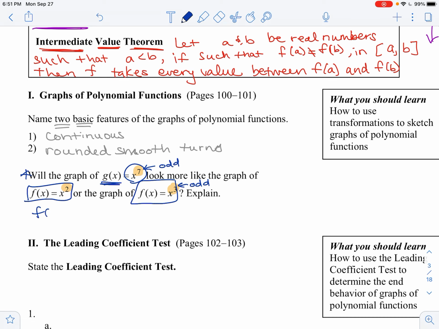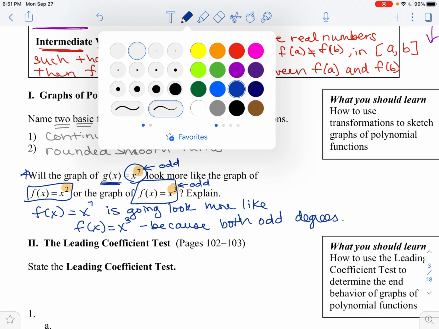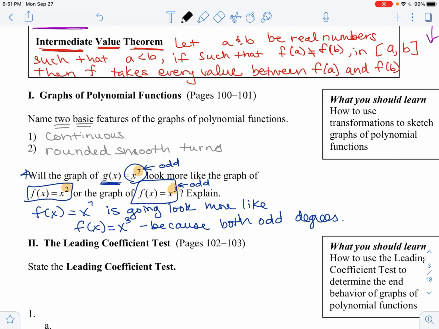So we know f of x, where x is to the 7th, is going to look more like f of x, where x is to the 3rd power, because they're both odd degrees. And if you want to look at that, here is x squared, we know it looks like this.